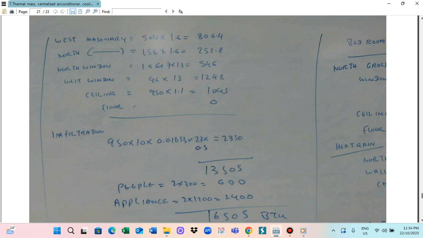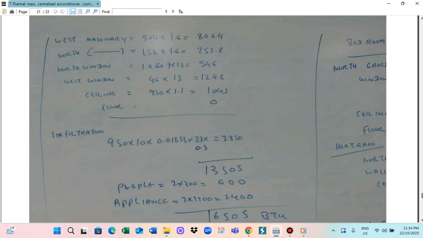So now window will be 1 multiplied 6 multiplied 7 multiplied 13. You got that 546. And west window. So west window is 96 multiplied 13. So this is 1248. And ceiling. So ceiling means 950 multiplied 1 by 1, so 1045.